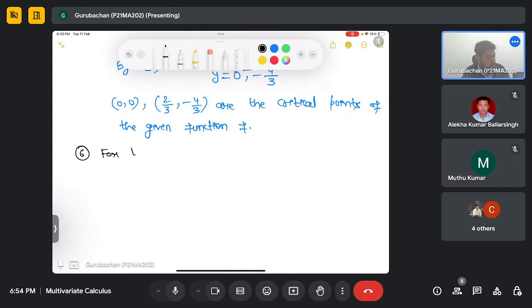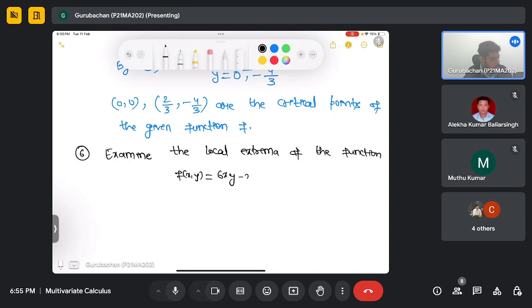Find and examine the local extrema of the function f(x, y) is equal to 6xy minus x squared minus y cubed.